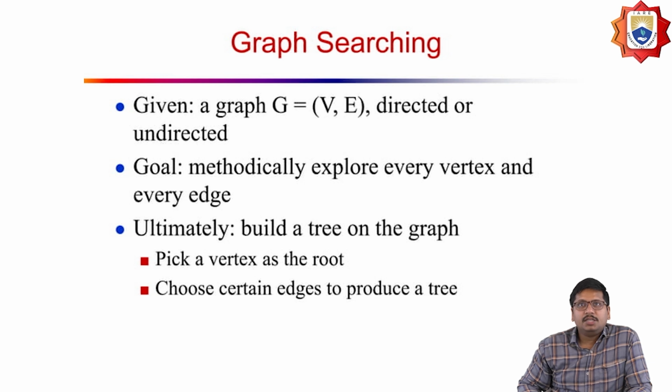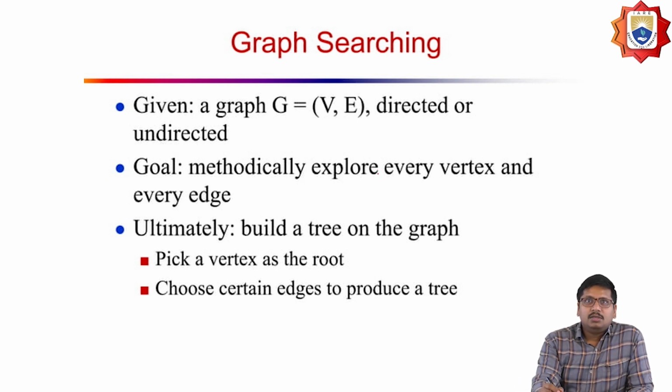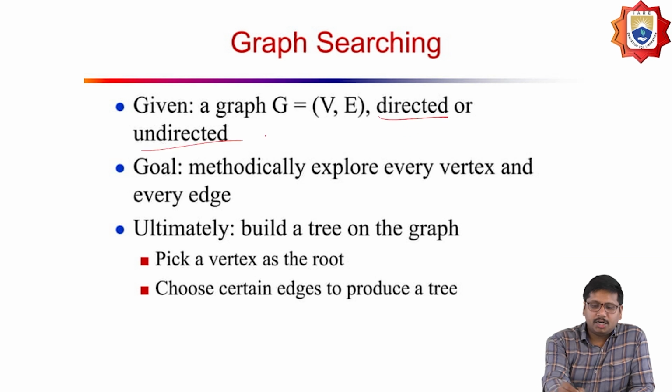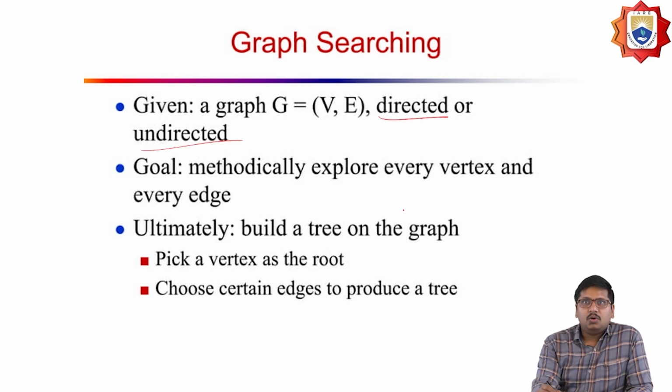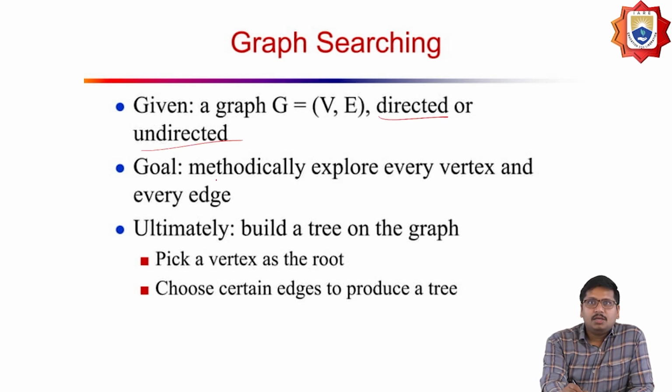Then graph searching. Graph searching means that the graph may be directed or undirected, and the goal is to methodically explore every vertex and every edge. That means we check whether a particular vertex is present in this graph or not, and how to find it out.